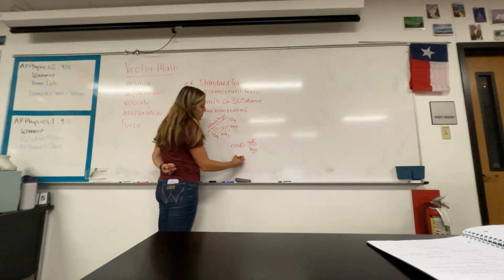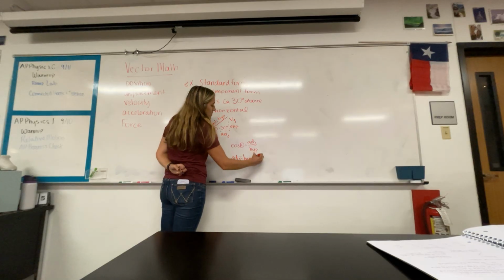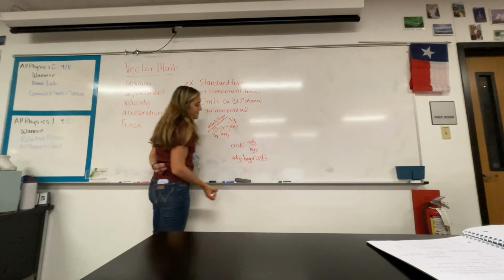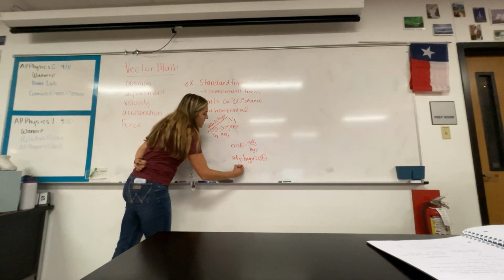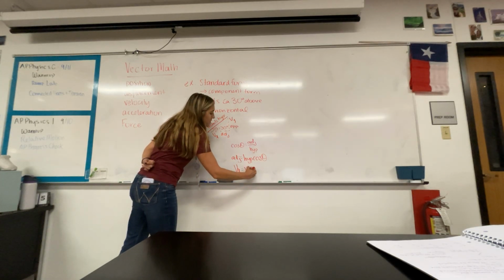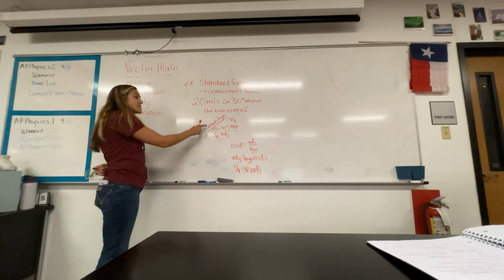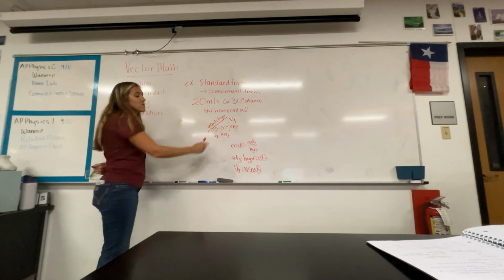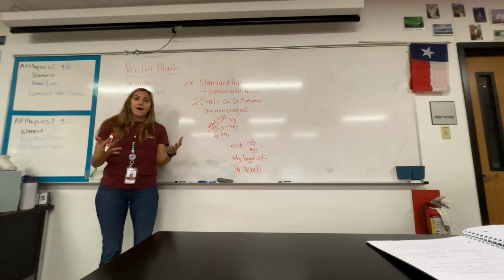If I want to find that adjacent side, I multiply the hypotenuse on both sides and get this. For our application here, that looks like Vx equals V cosine theta, where velocity is 20 and my angle is 30 degrees. This is how I find that component.